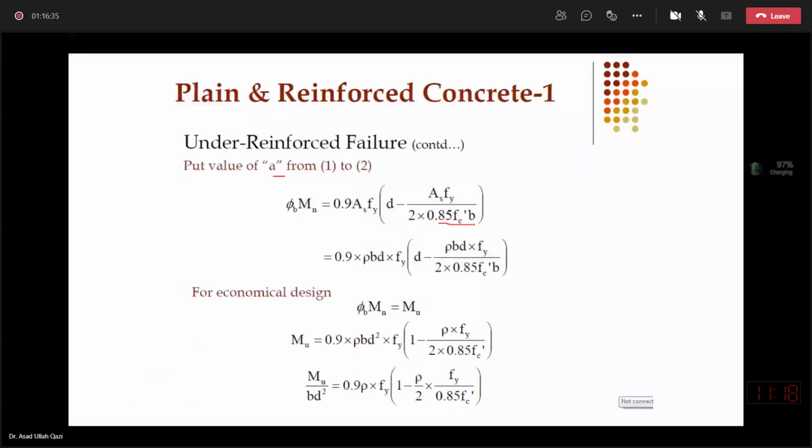What I will do again, I will replace this As with rho bd, because As over bd is equal to rho. Wherever As is appearing, I am replacing As with rho bd.